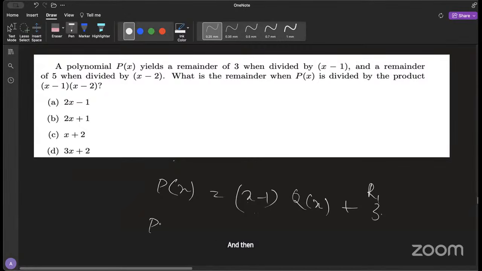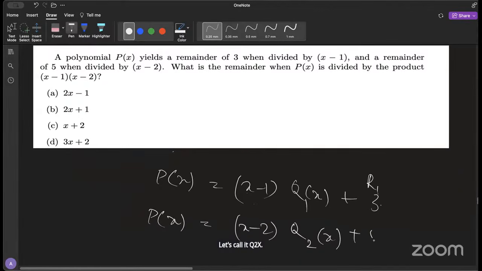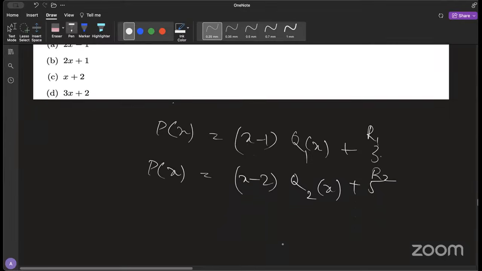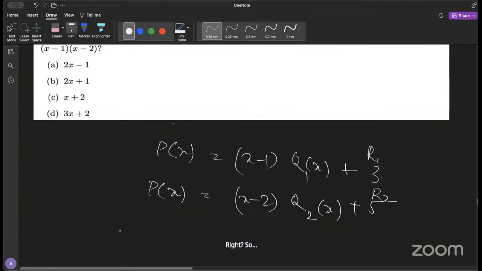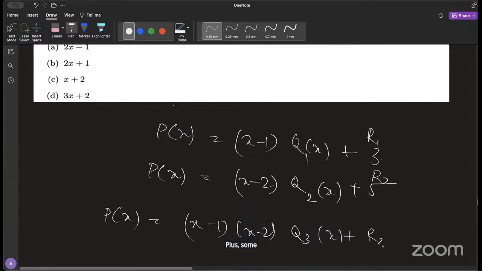And then you have P(x) when divided by x minus 2. Let's call it Q2(x). And this is 5. Right? And then you have x minus 1 and x minus 2. So if you have (x minus 1)(x minus 2), let's call this Q3(x) plus some polynomial, let's call it R3(x).